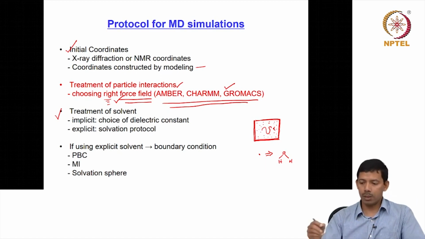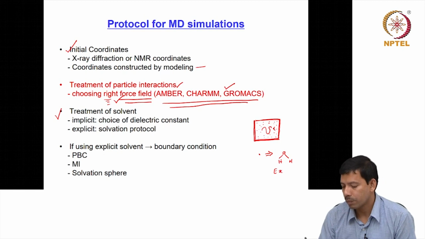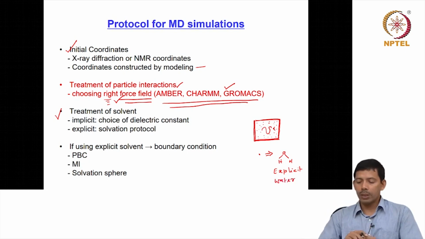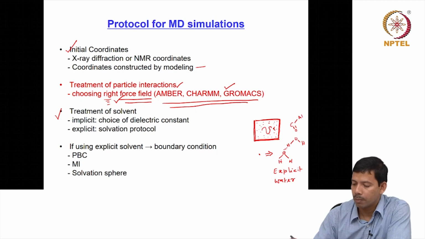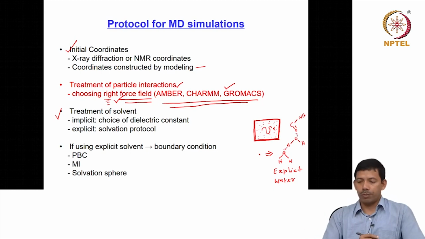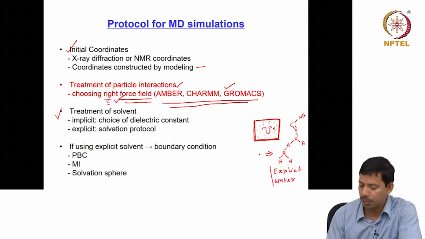So, this is the explicit description of water, where I have HOH, and this water molecule would be able to make a hydrogen bond with another water molecule. It will be able to form an H bond with the protein peptide bond, and so on and so forth. So, this is the description of explicit water.